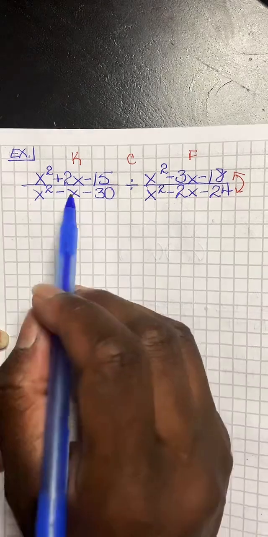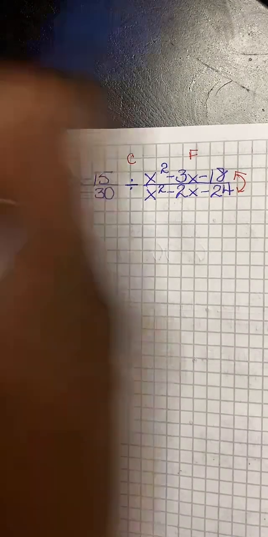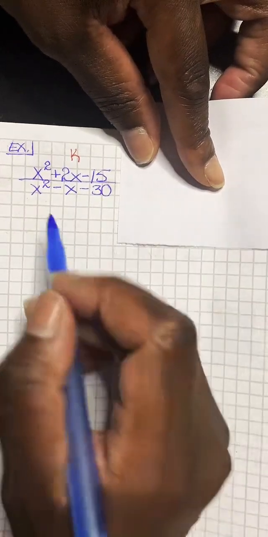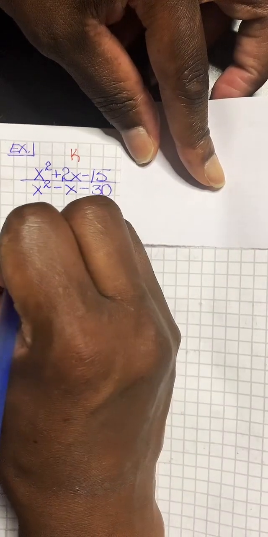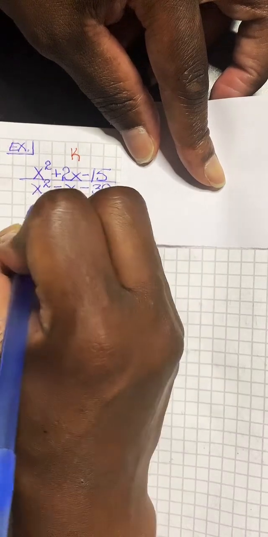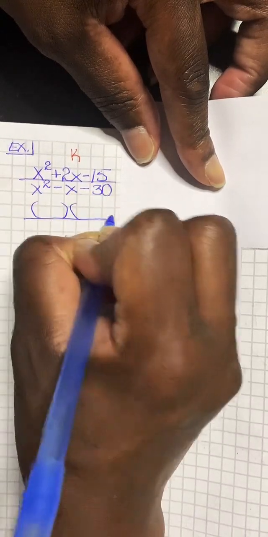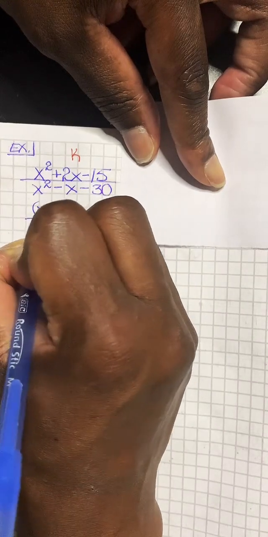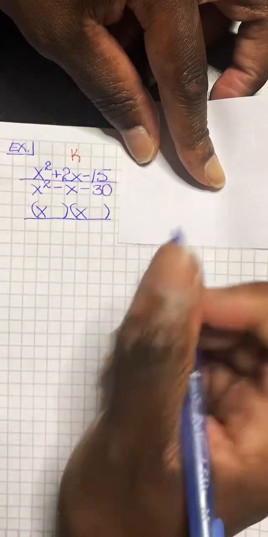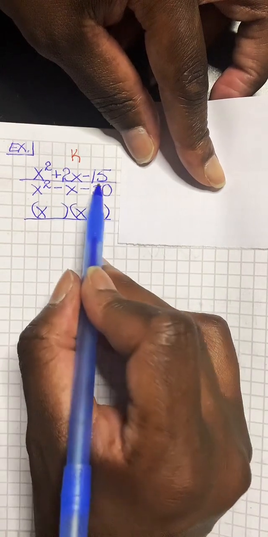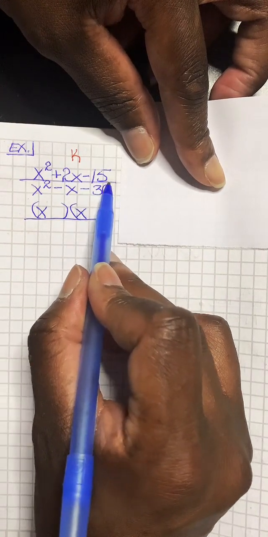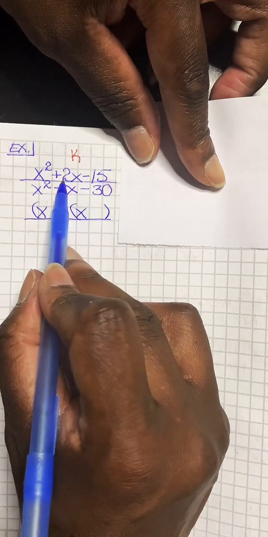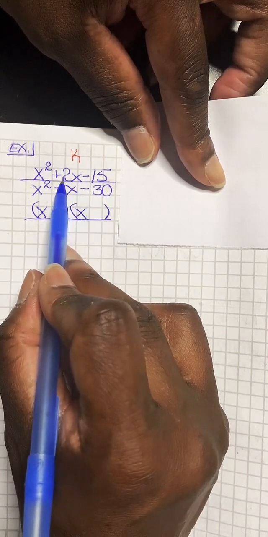Since we're keeping, see how we're going to cover it up? We're going to keep that first ratio. Boom. Split our x's, so I'm working on the numerator. So now we need to think: what 2 numbers multiplied together will give me a negative 15 and add together to give me a positive 2?